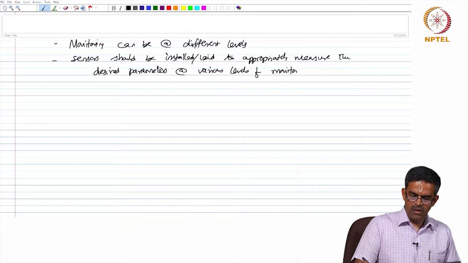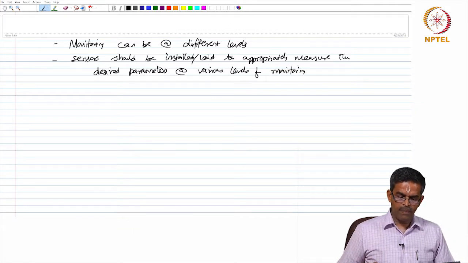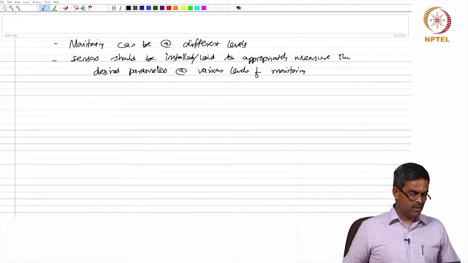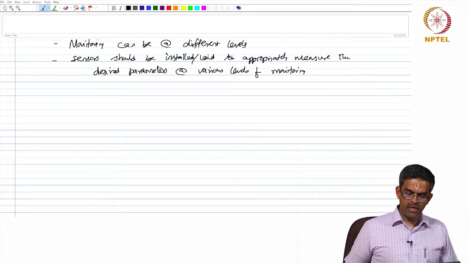So, naturally all sensors do not apply to all levels of monitoring. First, let us understand what are various levels of monitoring.